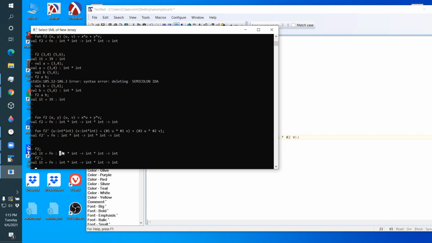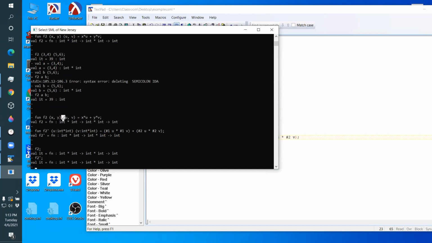The first thing they take in is a pair of ints. Then they take in another pair of ints, and they give us out an int in return. Okay. This F2 is written the right way. This F2 is written in a horrible way, but it's still a function of 2 inputs. Here, you have to be careful. That's not a function of 4 inputs. It's a function of 2 inputs.